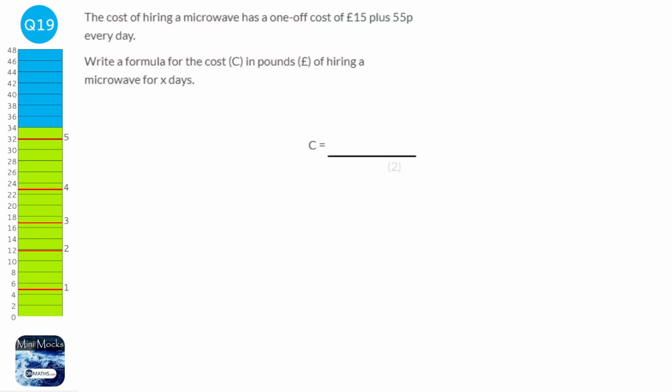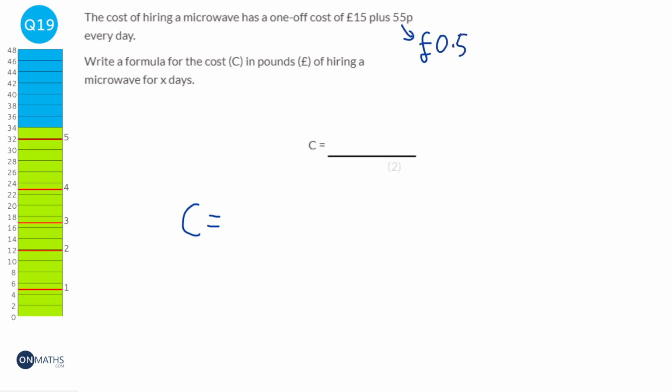So we're looking to write a formula for the cost in pounds of hiring a microwave for x amount of days. So the cost is C, so it's going to be C equals, and it says it's going to be 55 pence a day. Now it wants the answer in pounds, so we need to convert this 55 pence into pounds.